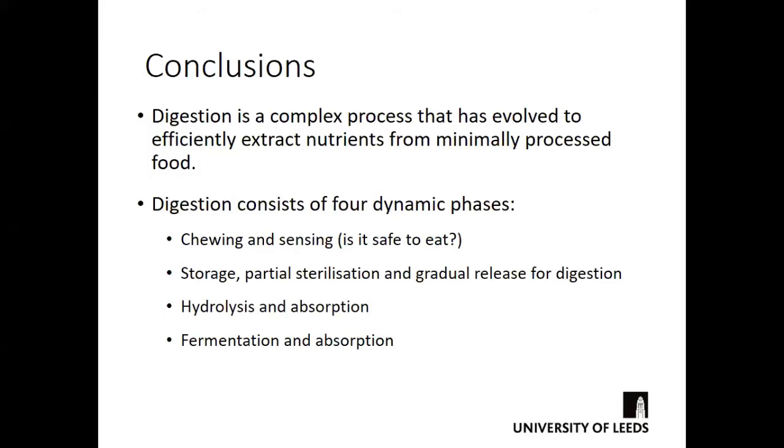Storage, partial sterilization, and the gradual release of digestion in the gastric phase. Then hydrolysis and absorption in the small intestine. And finally, fermentation and absorption of fermentation products in the large intestine. And we know that digestion kinetics is important for the reasons that I've just illustrated.